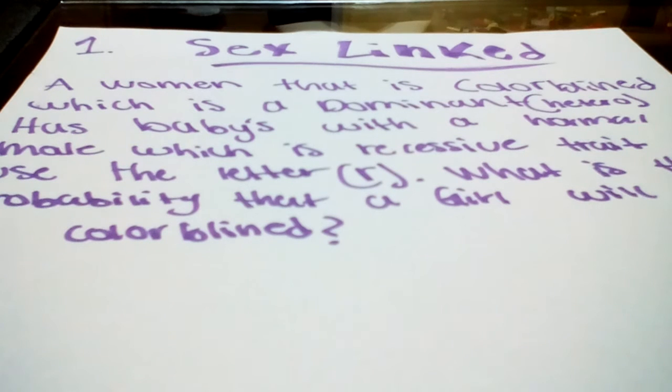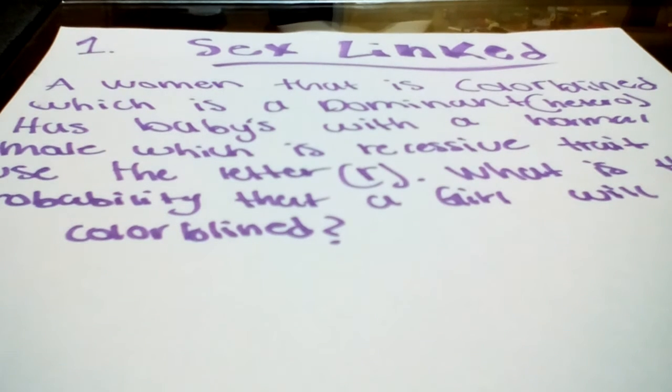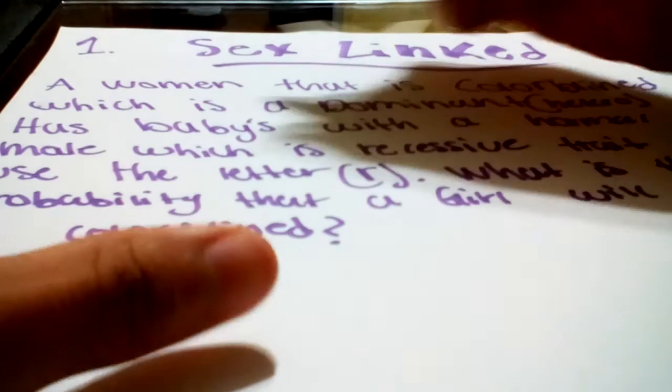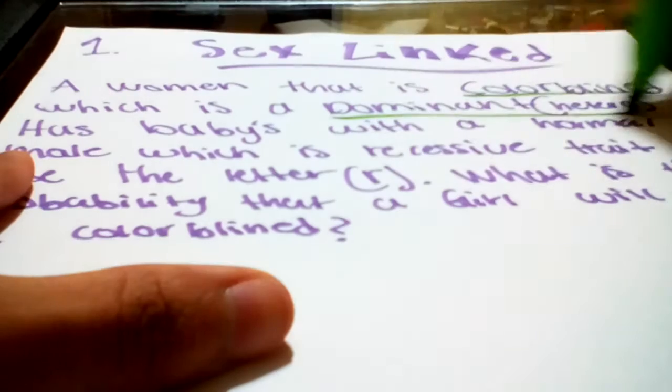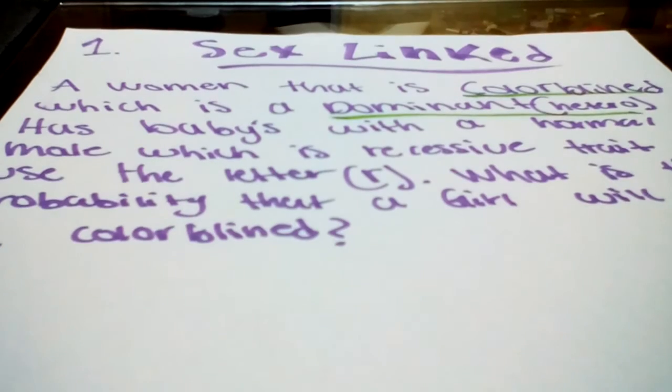Right now we know that it's a woman, which is a dominant heterozygous, with a normal male, and it is a recessive trait. So we can go ahead and underline colorblind woman, dominant heterozygous.